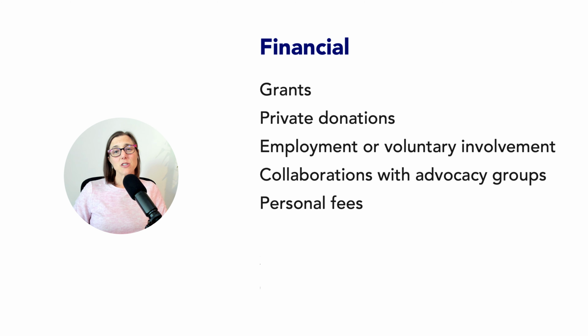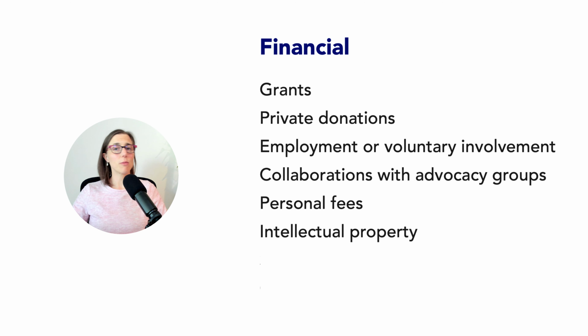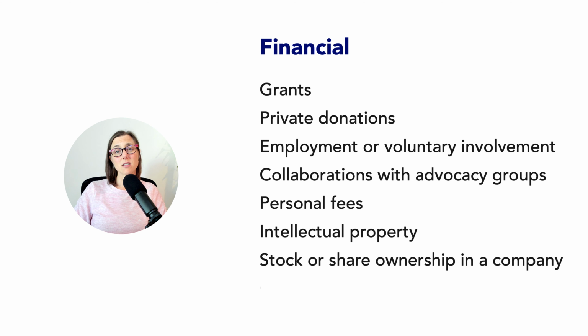Another type of financial conflict of interest to disclose is intellectual property. This includes things like copyrights or royalties or patents, such as for the drug formula or device that were used in the study. You also need to disclose any stock or share ownership in a company.